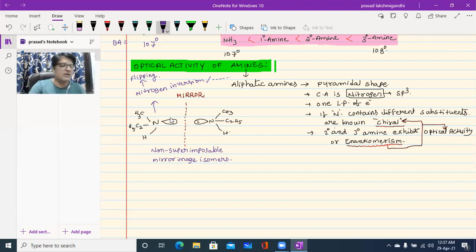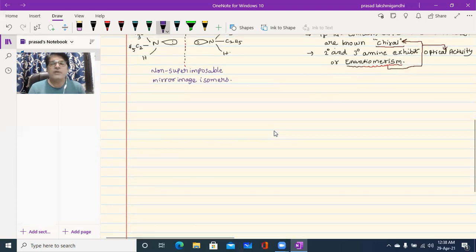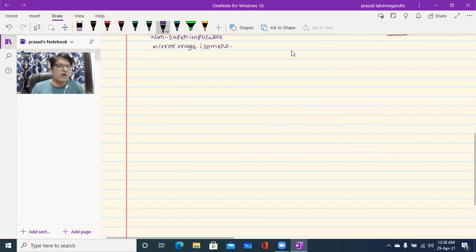Just leave that. It is observed with the following example. I want to draw one example. See, I am going to give one example based on that. How these two compounds interconvert, based on the planar transition state, whether they are enantiomers or not, we can find out depending upon this structure.